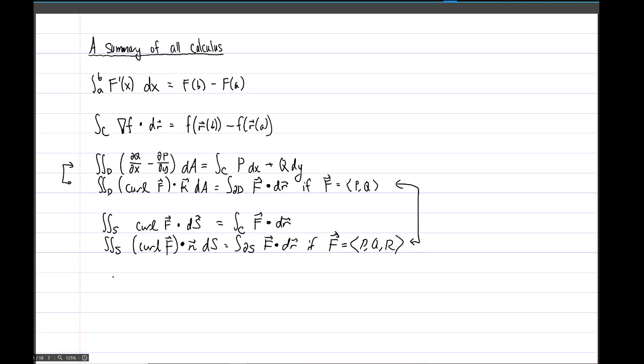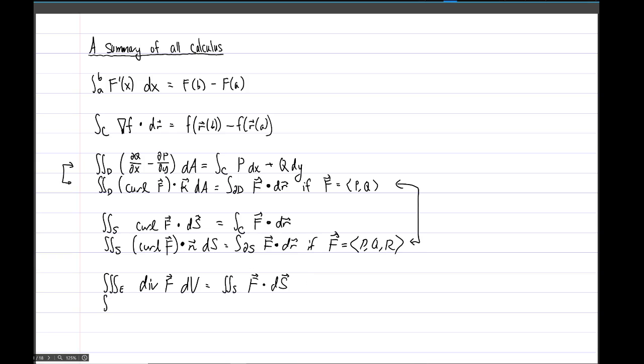We have the divergence theorem, which was the triple integral over E of the divergence of F dV is equal to the double integral over the surface S, which is the boundary of V, of F dot d bold S. So this is the book's notation for the flux.